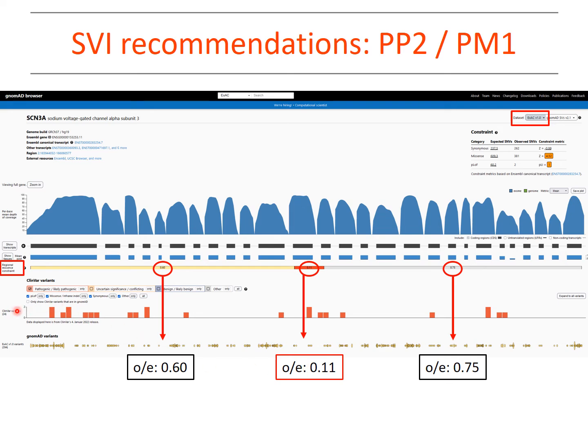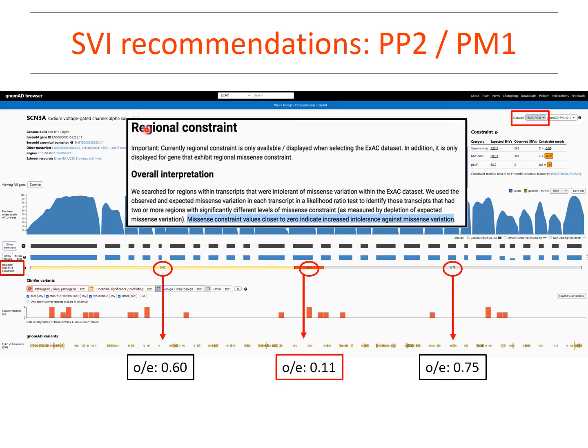And you can see here, for example, this is the ClinVar variants track for class 4 and 5, so only the pathogenic ones. And you can see here that class 4 and 5 variants cluster in this region. So I would say that this region in the SCN3A gene is a PM1 mutational hotspot without benign variation.